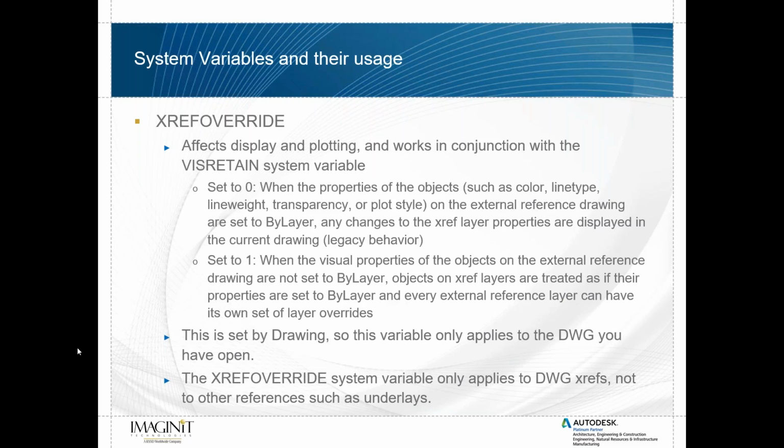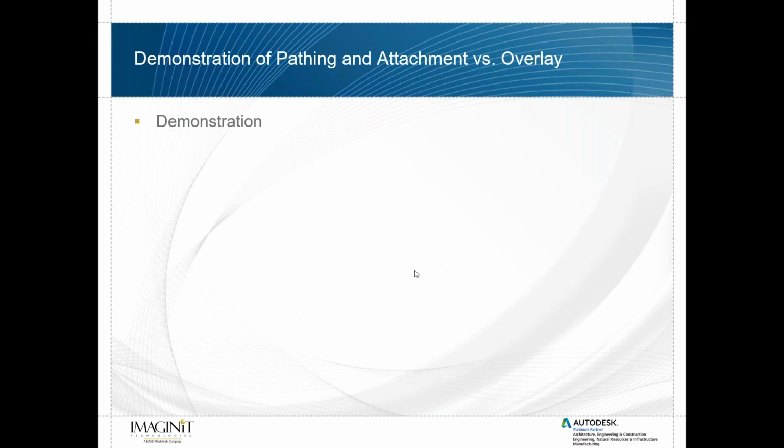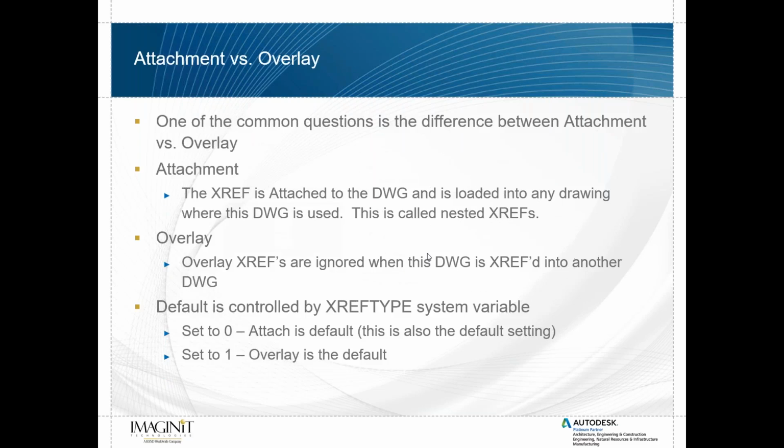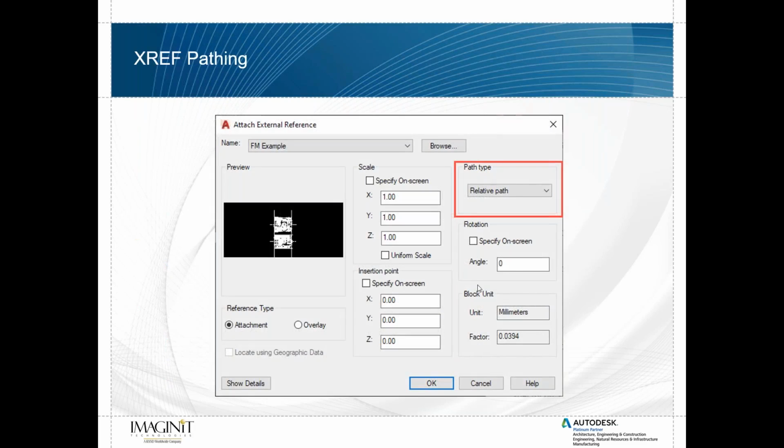Is there any way to control drawing units in XREF other than scaling? Nope, Claudio, there is not. When you bring it in, what it should do here in this box is tell you the block unit here and what it's scaling to.